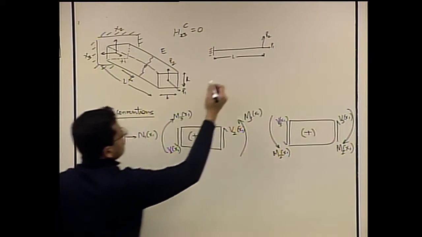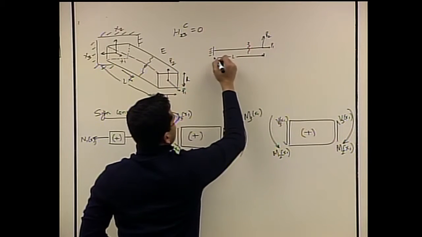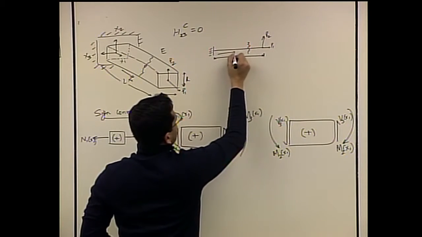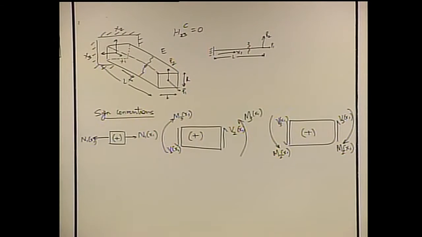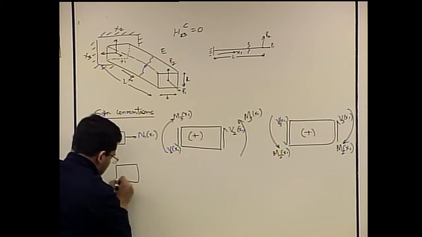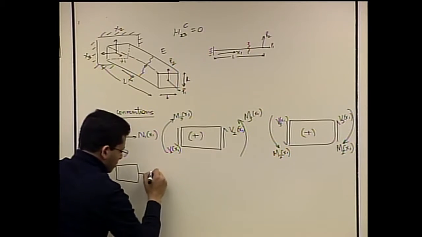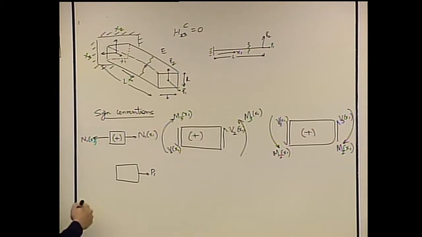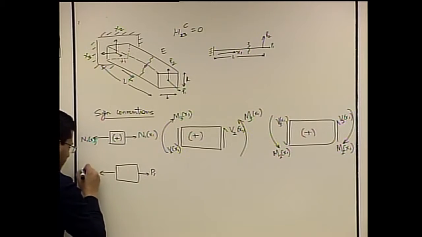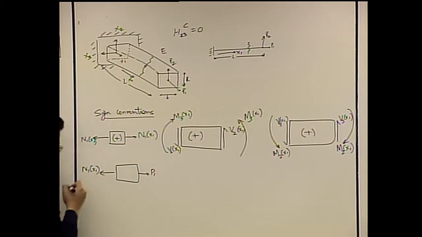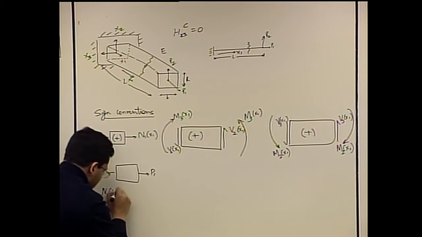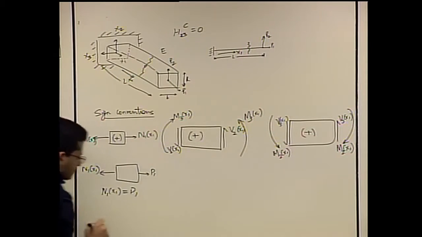So essentially we are cutting this beam. What do we have? We have a free body diagram where P1 is applied, and we have N1 x1 as the stress resultant. So N1 x1 would be P1.